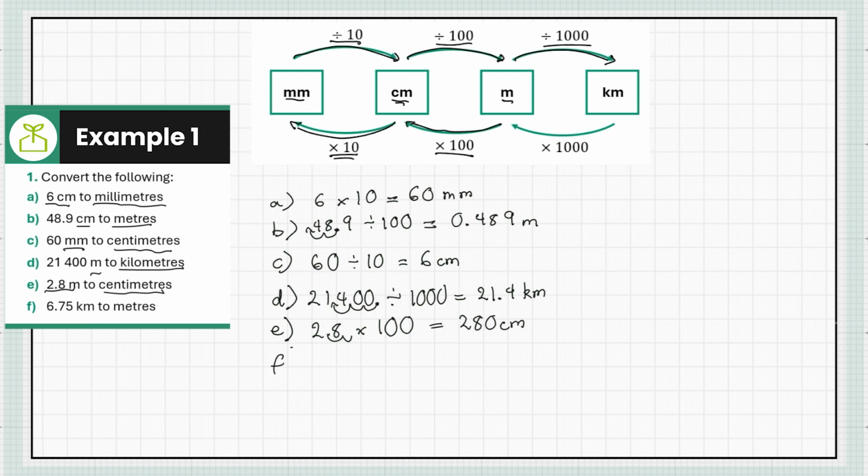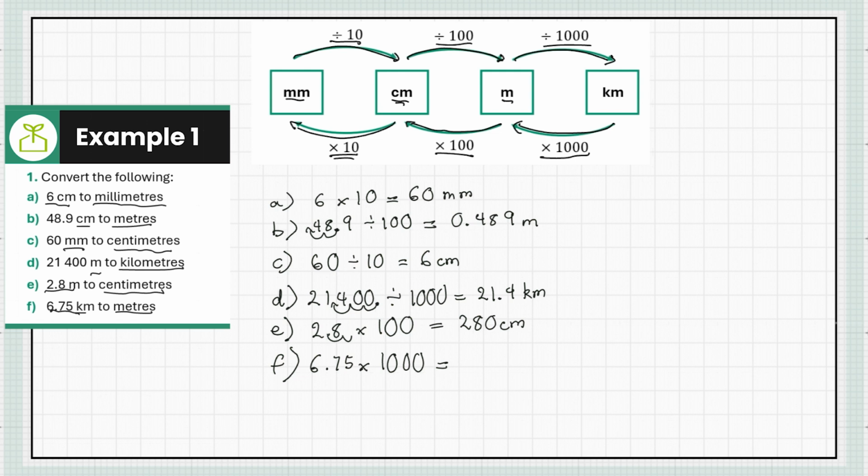Now if we look at F, we have 6.75 kilometers, and we're going to make this into meters. And if we go from kilometers to meters, we need to follow this arrow, times it by 1,000. So you do 6.75 multiplied by 1,000.